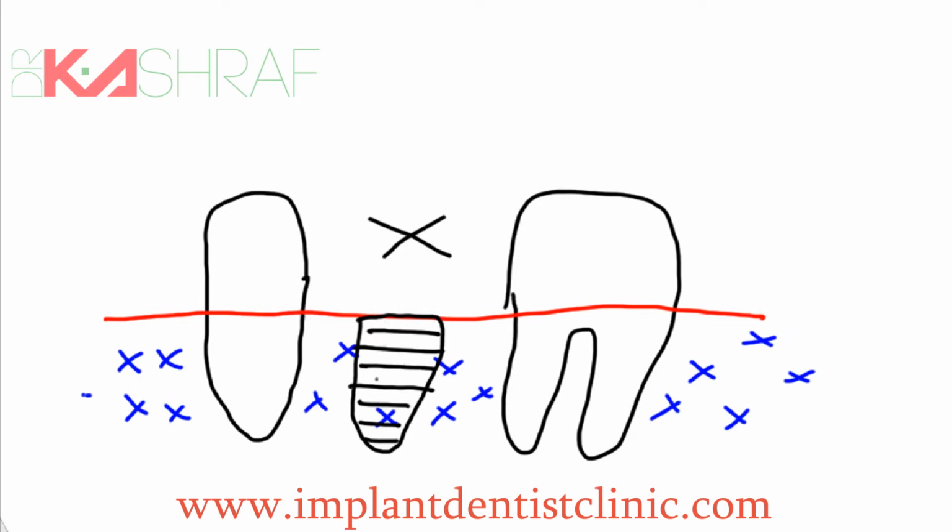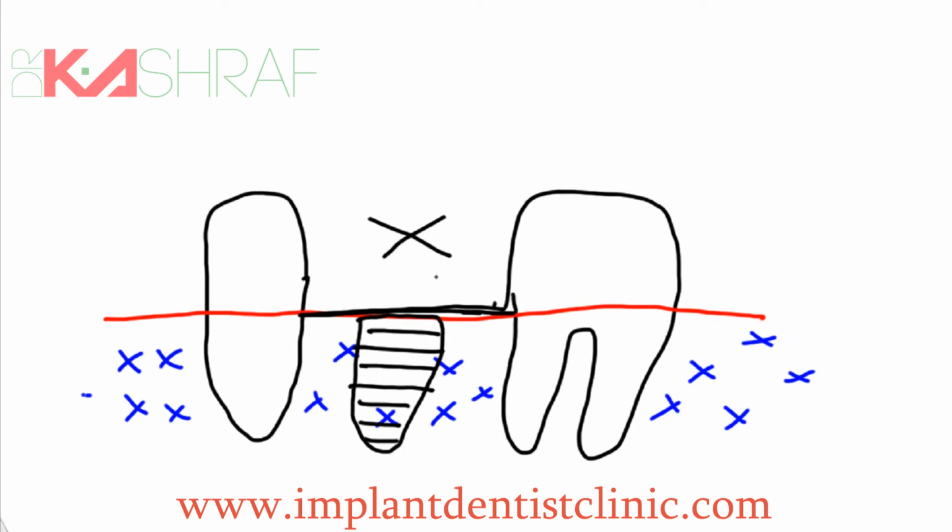So the implant is placed in the bone, and the great advantage now of an implant, once it's healed and the bone has joined with the implant, is that it is going to keep the bone at that level, so it'll help to prevent the bone from shrinking.